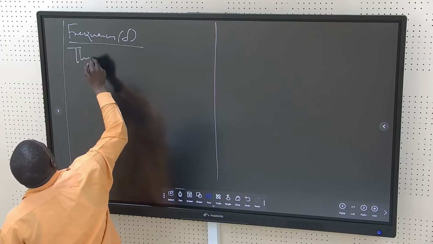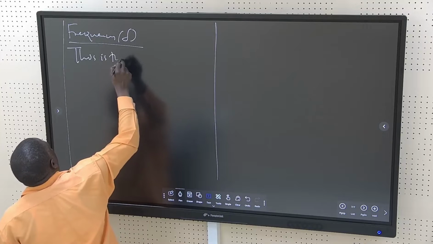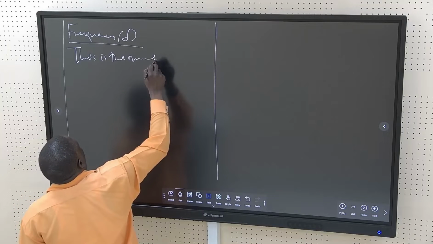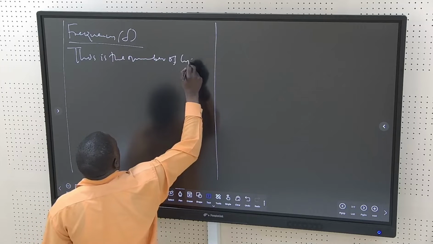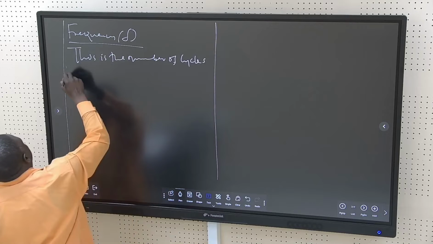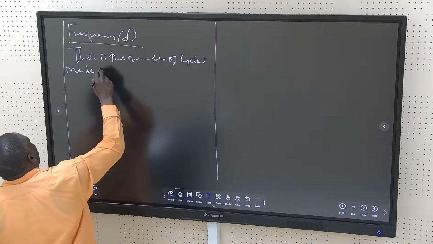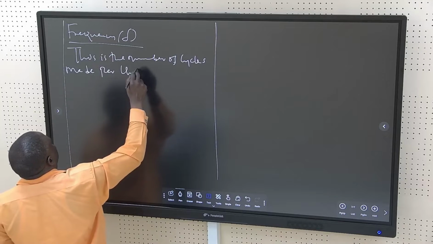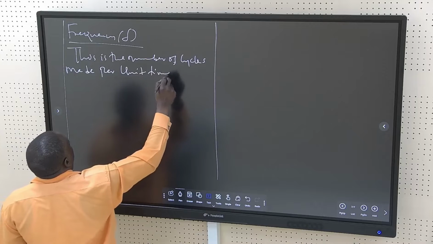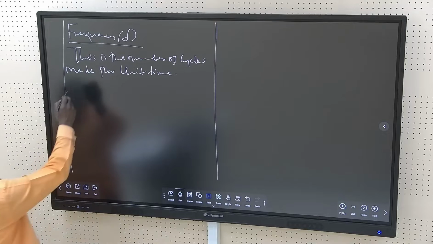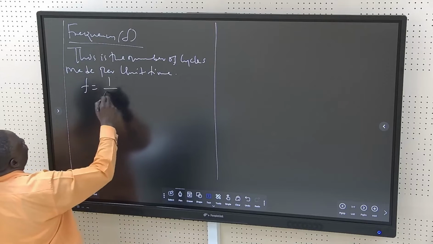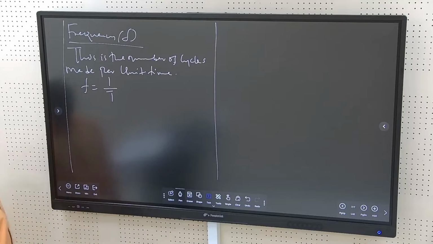We say this is the number of circles made per unit time. And frequency is the reciprocal of the period, given by 1 over T. That is the frequency.